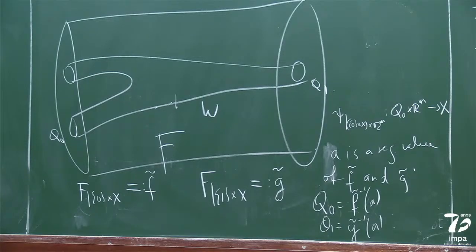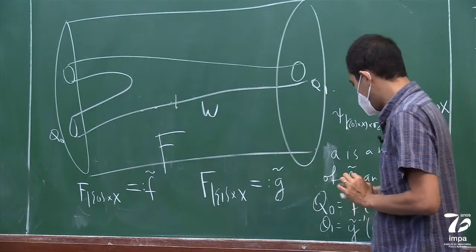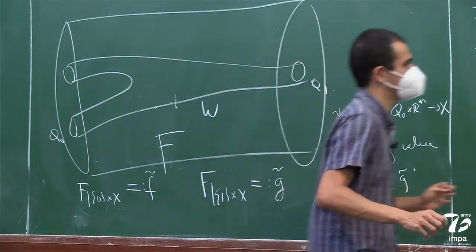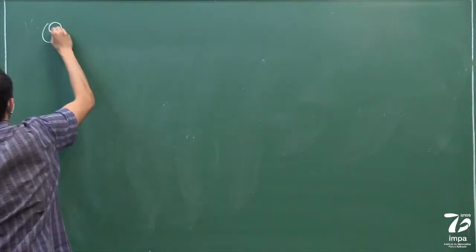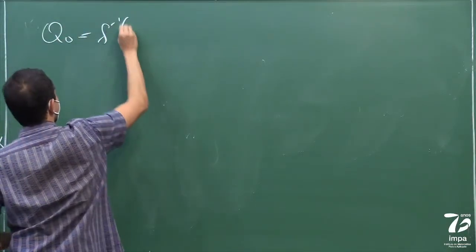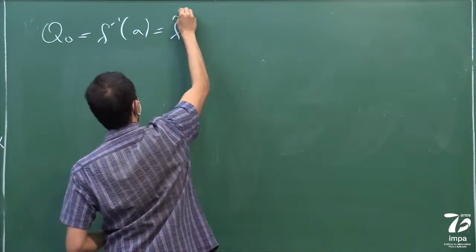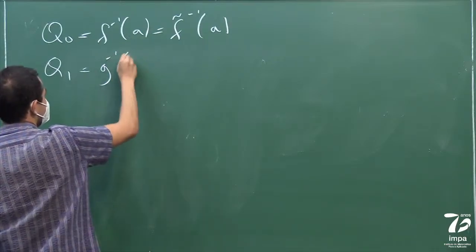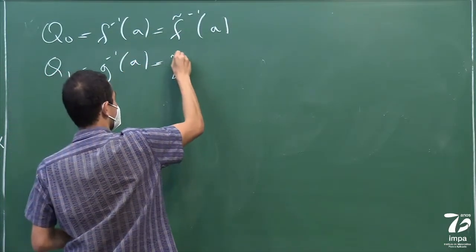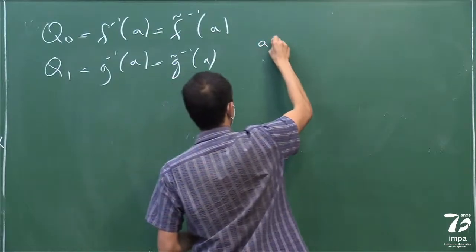And then what we need to show now is that, sorry, it's kind of squeezed in the bottom there. But basically now I have that Q0 is F inverse of A and F tilde inverse of A. And Q1 is G inverse of A and G tilde inverse of A. This as framed manifolds.